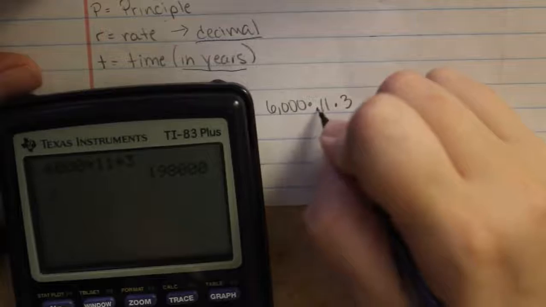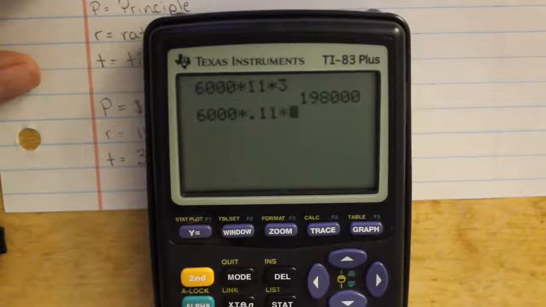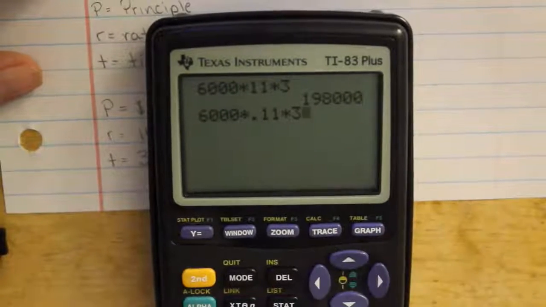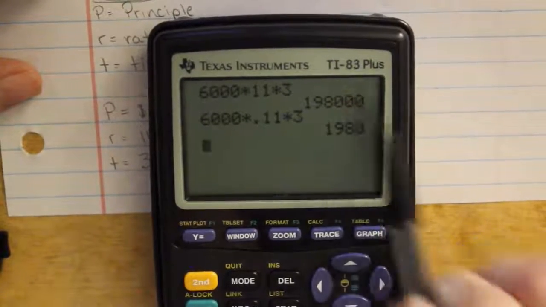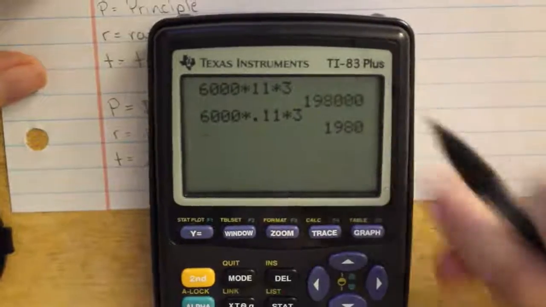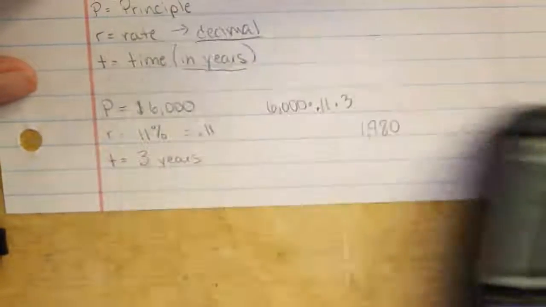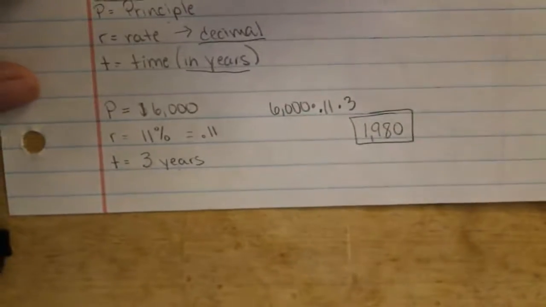So let me redo that real quick. So I'll show you what I did wrong. See, I forgot to put my decimal right there, and I can put that back in at the end. All I had to do is drop the 2 zeros there. So that is actually the same thing, 1,980. Always double check your work because otherwise I would have missed that. And that is my interest.